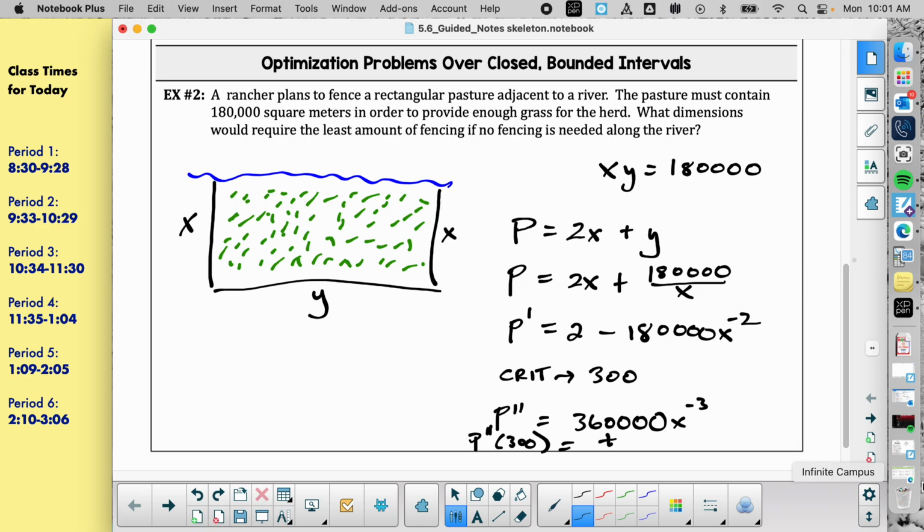Okay, but a positive gives us a minimum value, so that's good. So 300 is a min. That's what I wanted. That would have been a very good way to fact check myself, because as soon as I had a negative concavity, something wasn't working out right, and that would tell me I probably made an error.